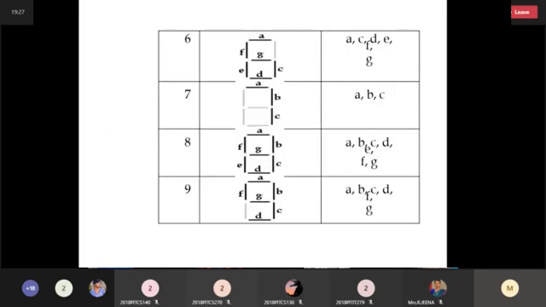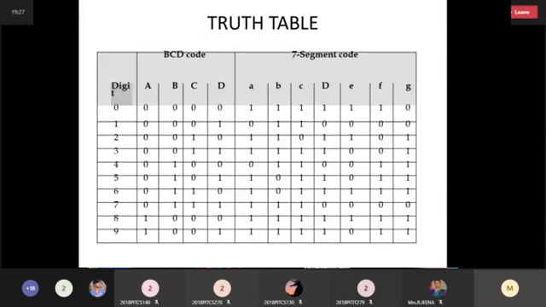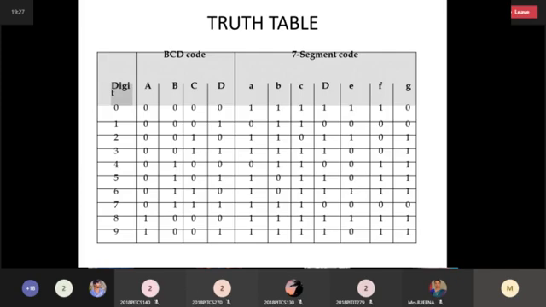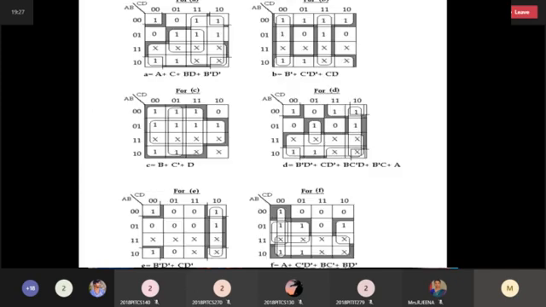Then 8. A, B, C, D, E, F, G, all the variables are 1. Next, 9. 9 means A, B, C, D, F, G only 1. Other variables 0.